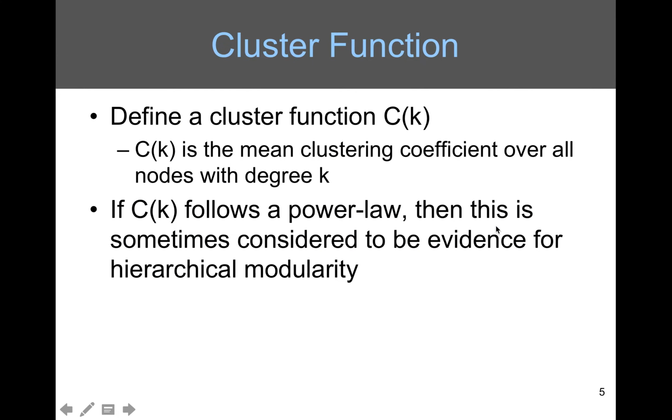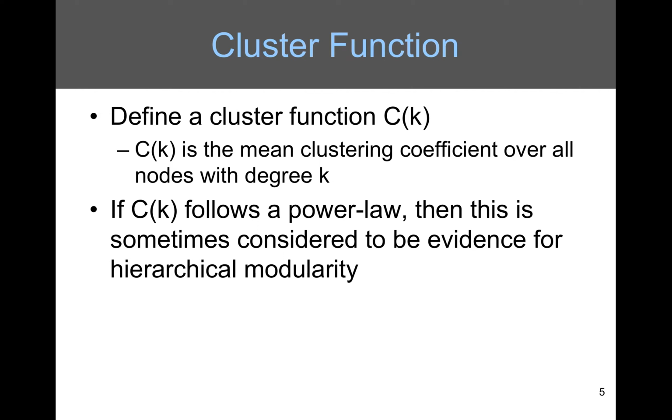And one of the things you could do is you could define what is called the cluster function. And remember that the clustering coefficient is where you compute the clustering coefficient of each node and simply average them. But in the cluster function, this is a function of k, which is the degree of a node. So what you do is you find the clustering coefficient of all nodes with degree 1, and you find the clustering coefficient of all nodes with degree 2, all nodes with degree 3, and so on.